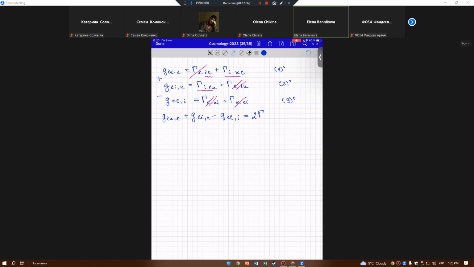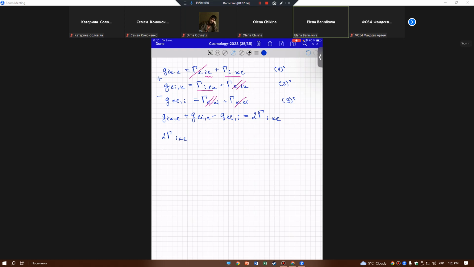2 gamma_{IKL}. Or again, to come back to the index, I can write here 2 gamma_{I,KL} with a mark.